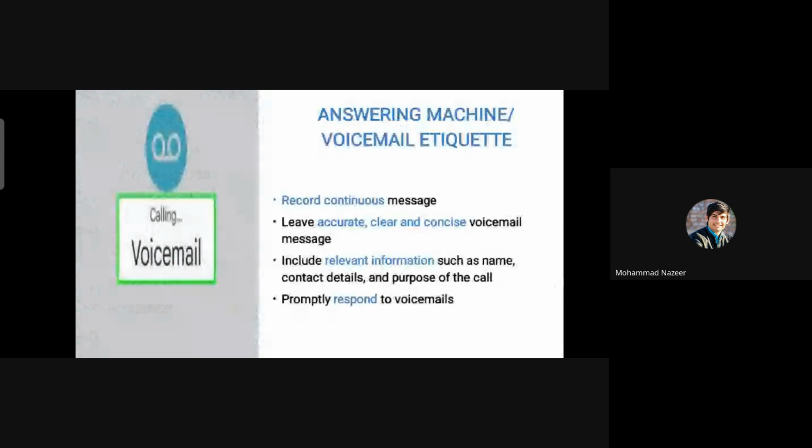Apart from that, the next thing mentioned in your unit 2 in telephonic technique is the answering machine. So what is an answering machine? Sometimes, when we are making a conversation through the telephone, we have to leave a message for someone on an answering machine, because that person is not available during that time.